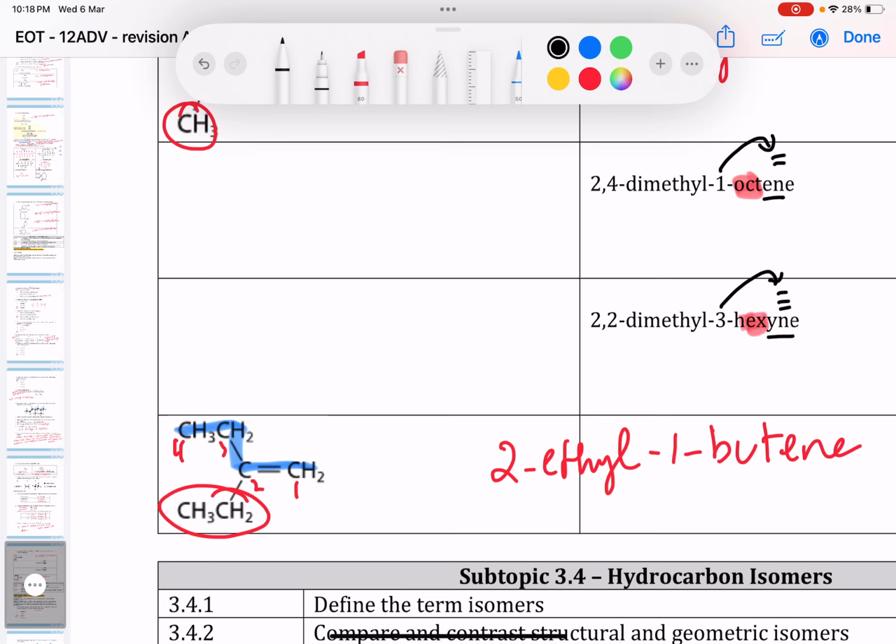So let me start drawing the first one, oct. So now I'm gonna put 8 carbons. Those are 8 carbons. On the first one, I have a double bond. I can consider this to be my first or this to be my first.